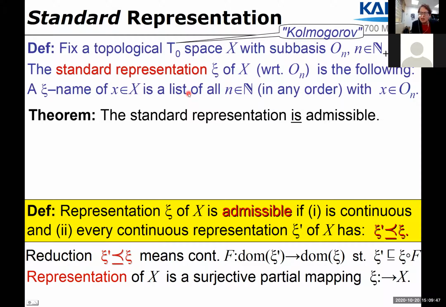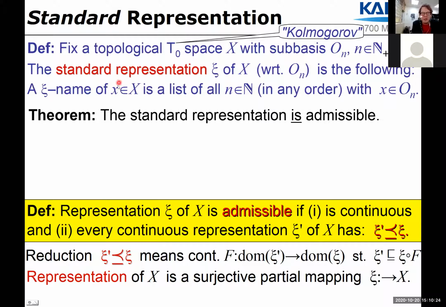We can only list countably many elements. We cannot list an uncountable number of elements, that's an oxymoron. And this list should uniquely identify which point in X we're talking about. The representation must be functional, not a multifunction. The same name, twice, must refer to the same element. And this is exactly what happens here.